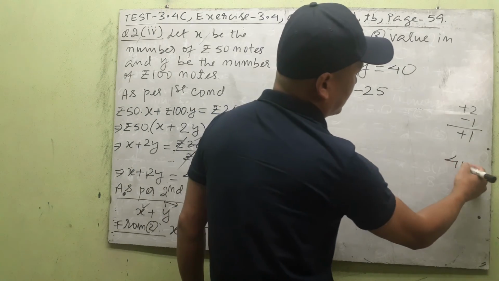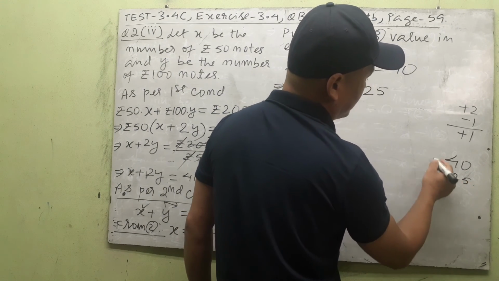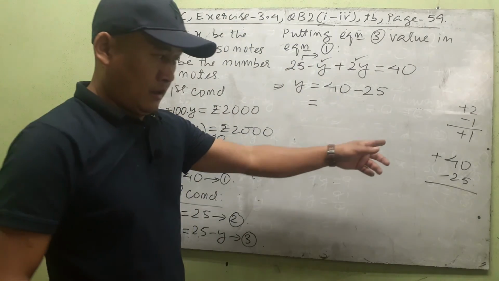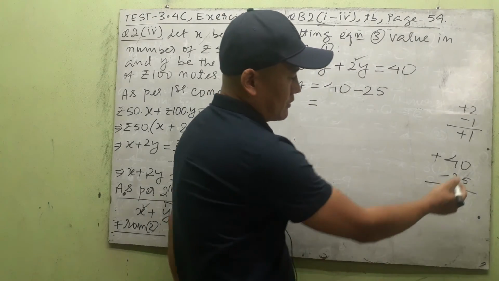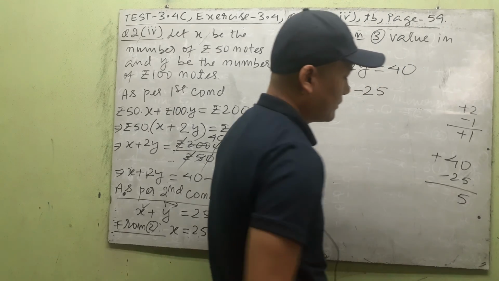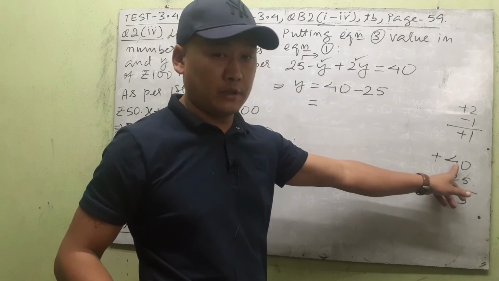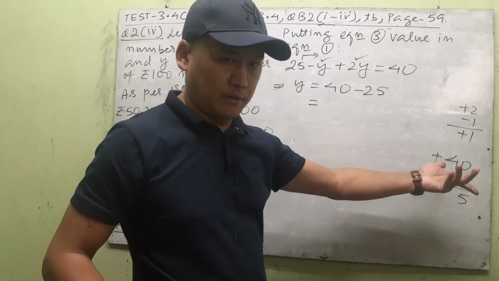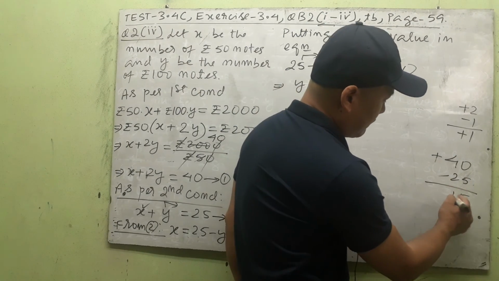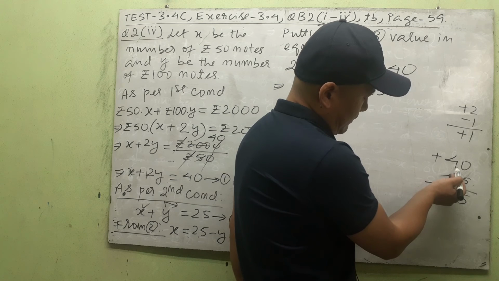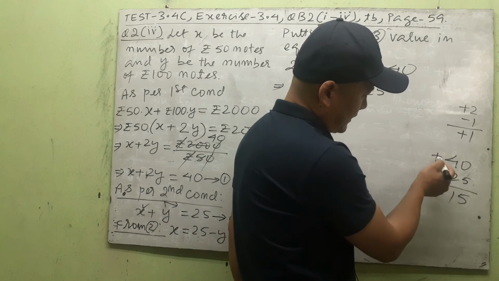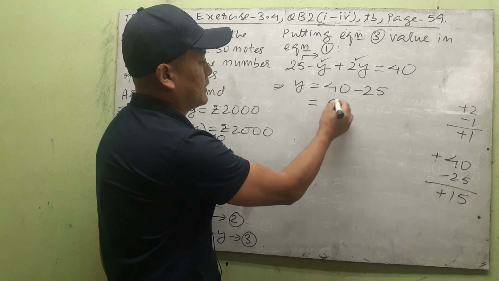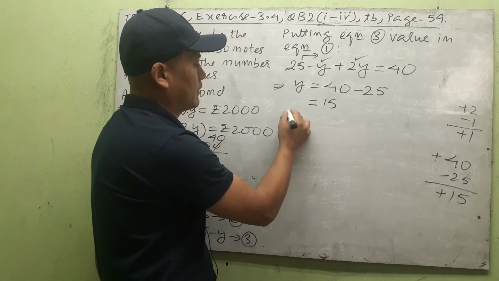So y is 40 minus 25, with minus in front of 25, and no sign in front of 40 means plus. Plus and minus means subtraction. So 10 minus 5 is 5. To make 10 here, we borrowed 1 from 4, so 4 will reduce to 3. 3 minus 2 will be 1. The bigger number, the absolute value 40, has sign plus, so here also 15 will have plus. So plus 15 is the value of 40 minus 25.